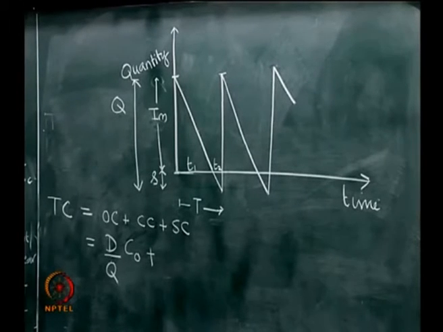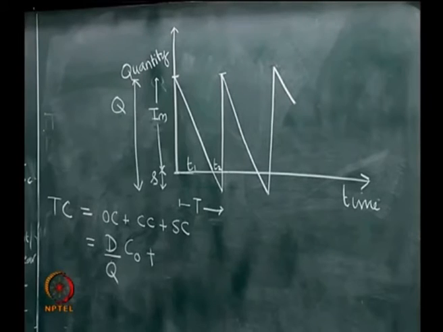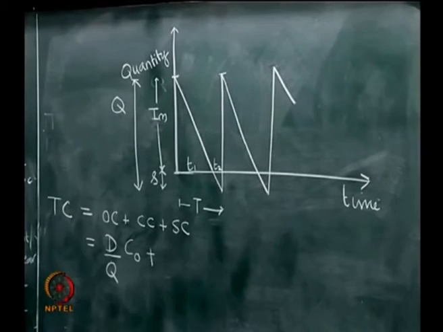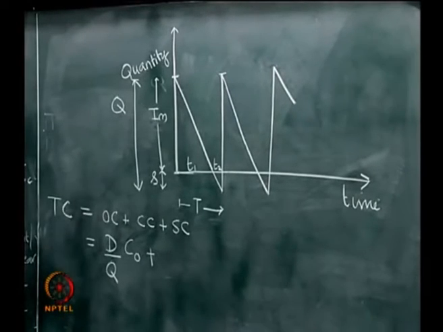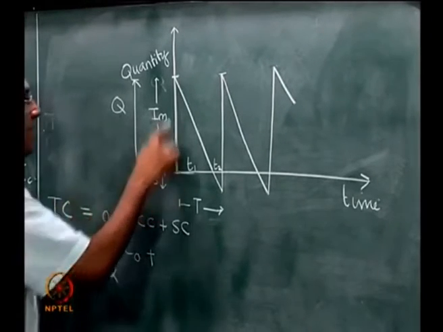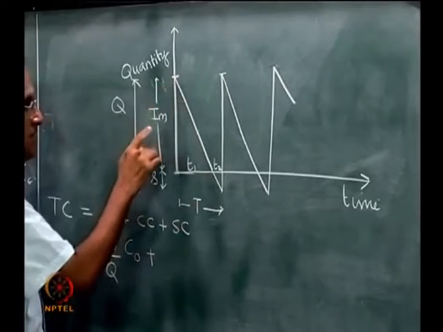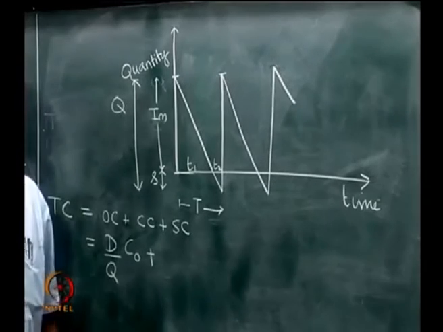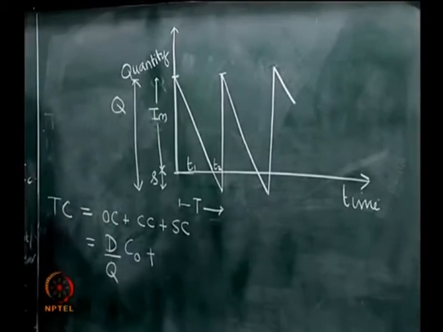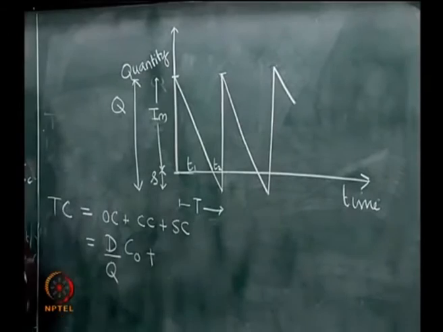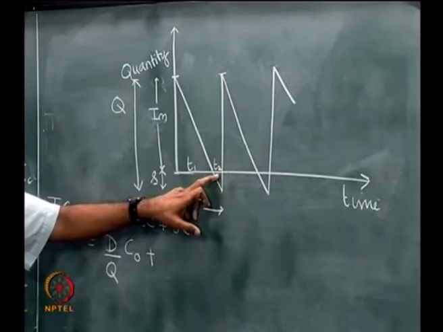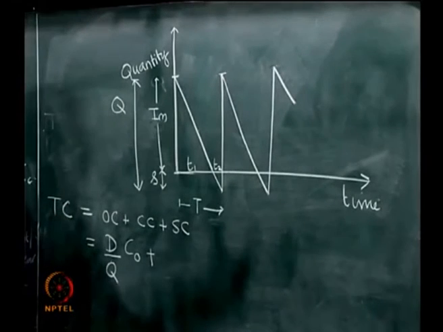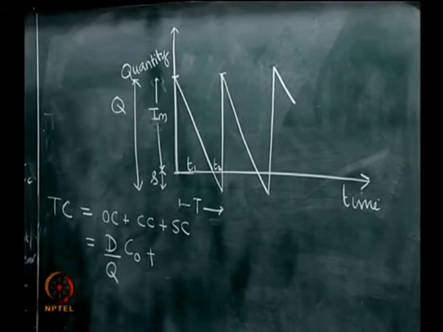Now if we take any cycle, say a cycle like this, the total inventory that we hold in that cycle is area under this curve, which is half into IM into T1. So this much inventory is held for a period T1 in the cycle, and this is the back order part of the cycle. So there is no inventory held. So 0 inventory is held for a period T2.